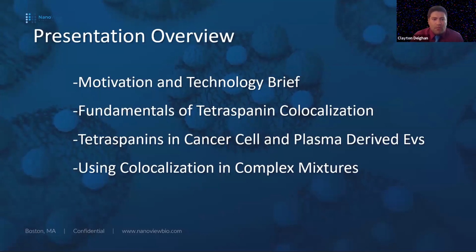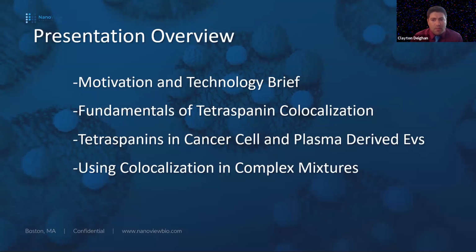A little overview. We'll do a quick motivation, brief, as I said, technology review. It's not the focus of this. We'll start at the fundamentals of tetraspanin colocalization, and we'll start by challenging some of the assumptions about the difference between surface budded and endosomally formed exosomes or extracellular vesicles or microvesicles. Then we'll take a little dive into the tetraspanin display on distinct but similar samples where we look at cancer cell lines versus plasma-derived EVs.